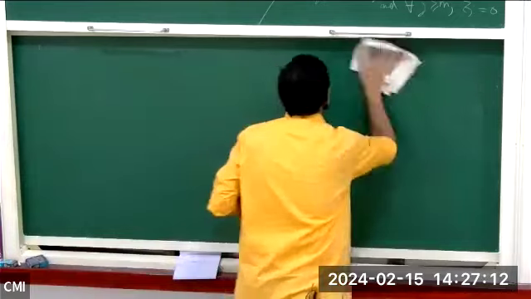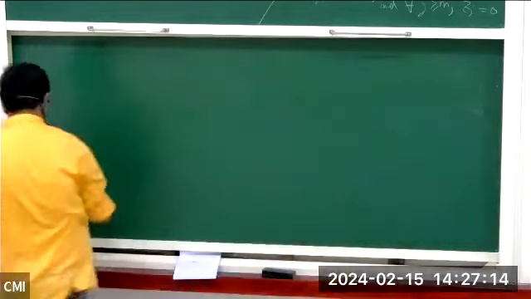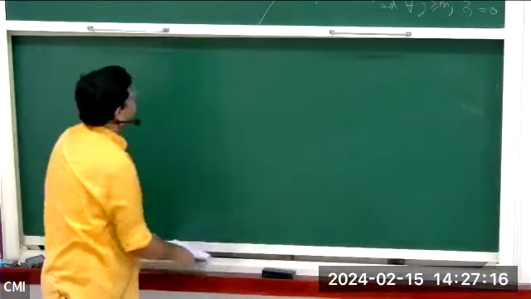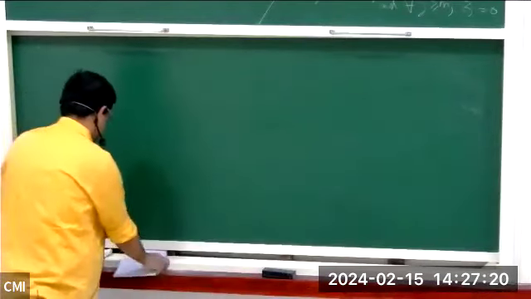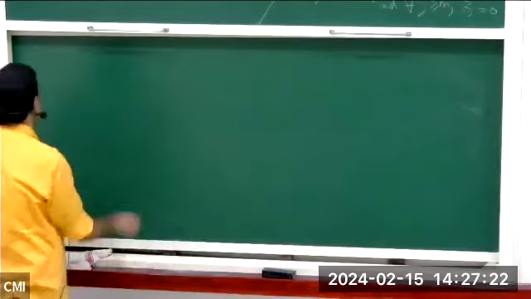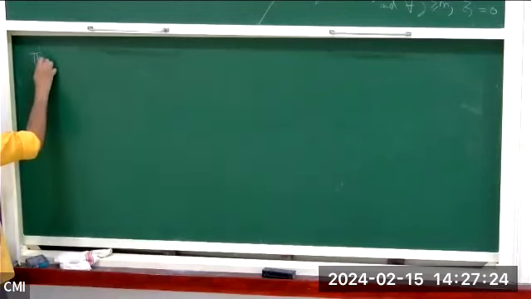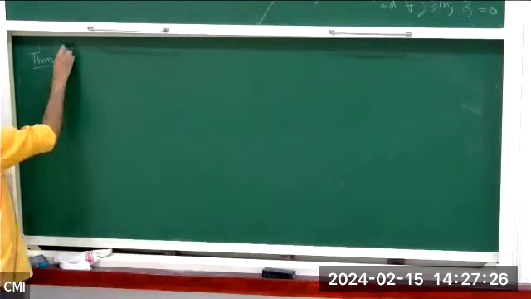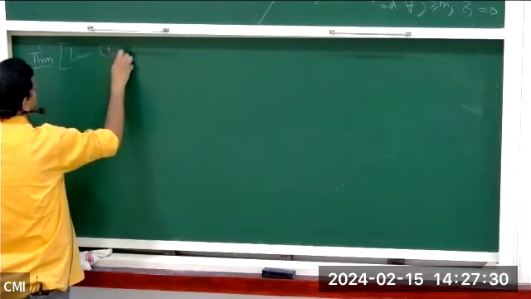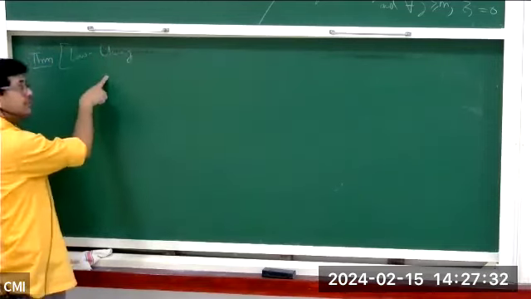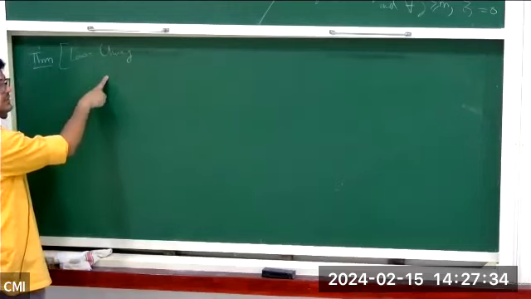Okay. So now that we have this particular form, we go to the actual theorem. This theorem is by Low and Chuang, and then later it was improved by Gilyén et al.